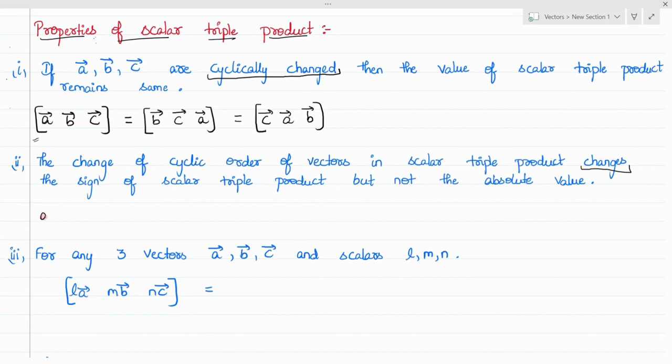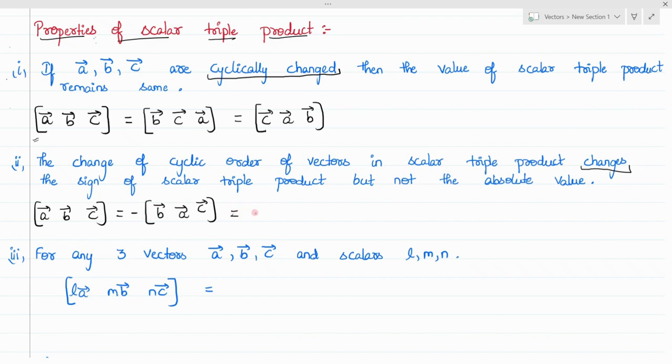This property tells us that if we have the box product ABC, and we interchange any two values, like if A and B are interchanged and C remains as it is, then we'll get a negative sign over here, because the scalar triple product is nothing but the determinant of these three vectors, right? According to the properties of determinant, if we interchange any two rows, we'll get a negative sign outside. So that's the reason we are getting a negative sign over here.